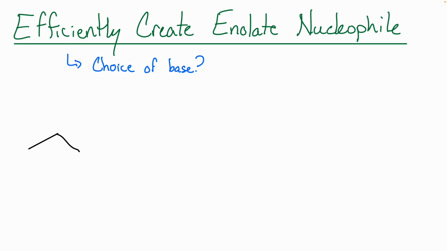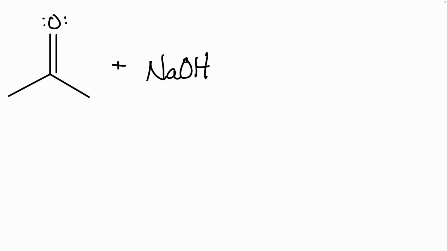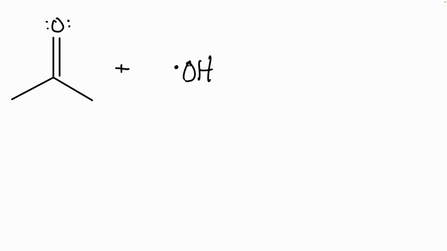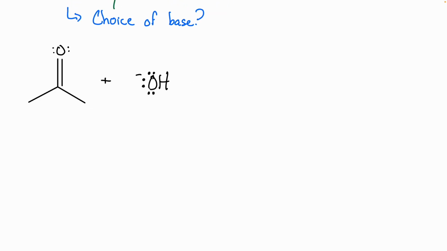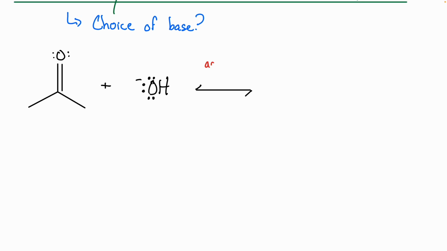Okay, so the base that we've been using thus far is just simple sodium hydroxide. And of course, whenever I see a sodium in a salt like this, what am I going to do? I'm going to erase it, and what am I going to replace it with? In this case, my oxygen would have 3 lone pairs, but yes, replace it with a minus sign. Okay, so this reaction here creates this, if we're looking specifically at our acid-base reaction.